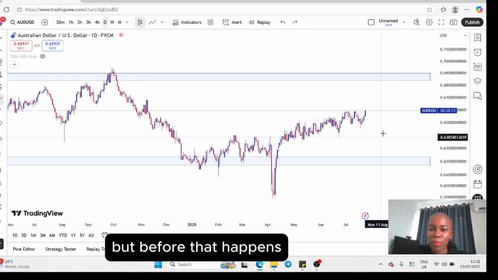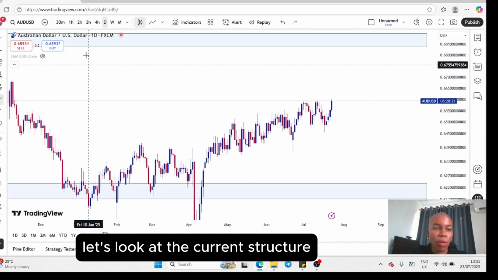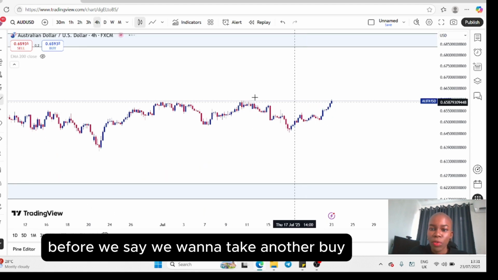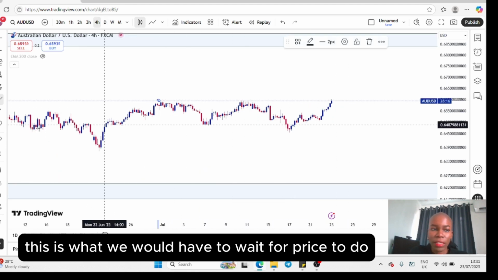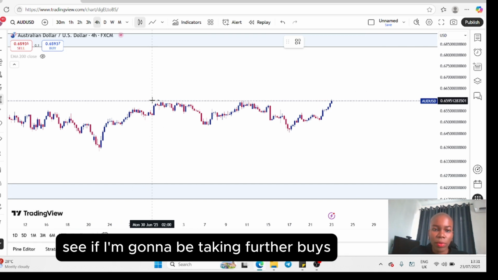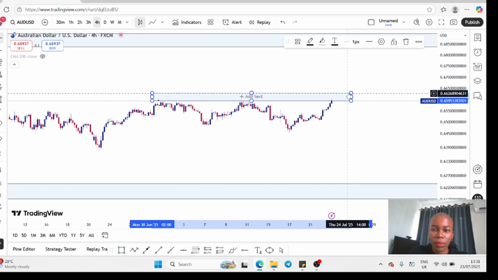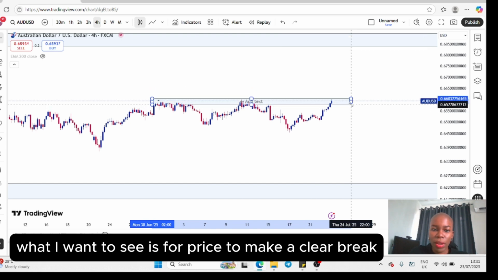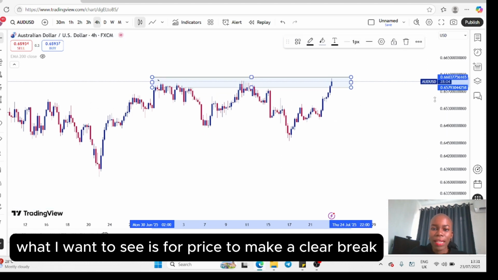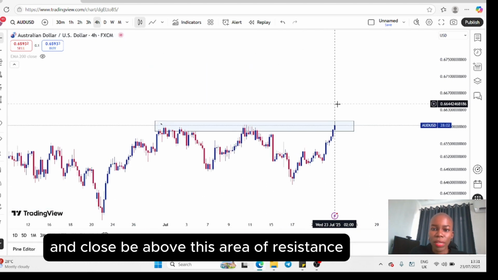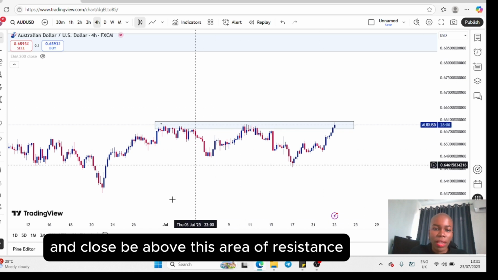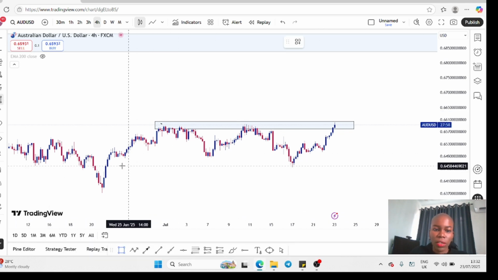But before that happens, let's look at the current structure. Before we say we want to take another buy, this is what we would have to wait for price to do. If I'm going to be taking further buys, what I want to see is for price to make a clear break and close above this area of resistance.